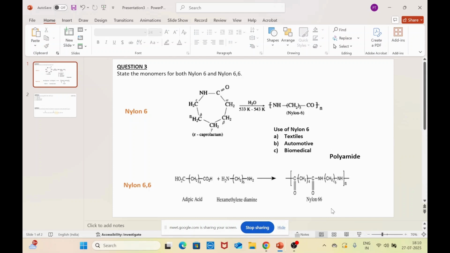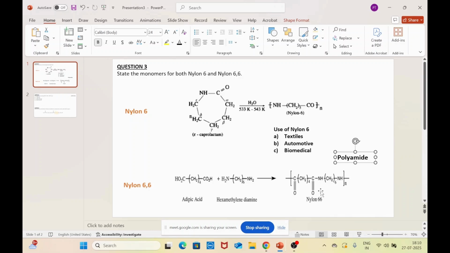So the amide group is this C double bond O NH. Is it because of that? Bond. So, okay.